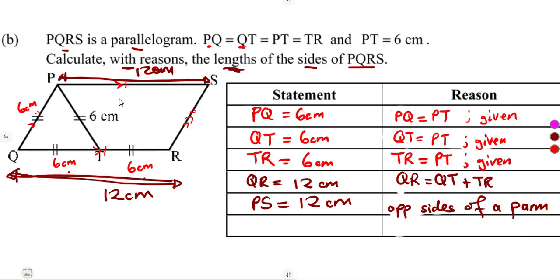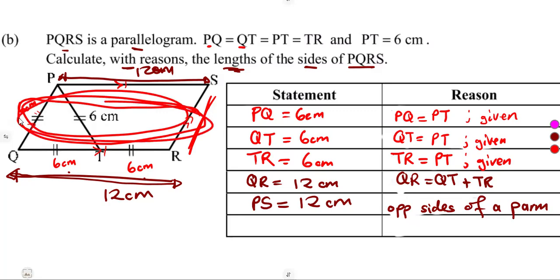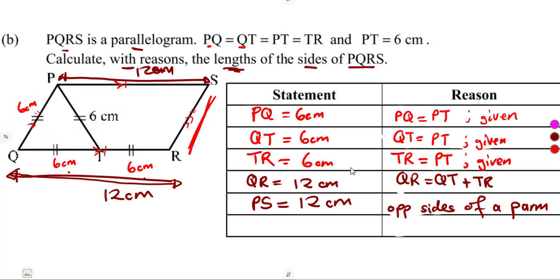PS. What is missing is RS. Opposite to what? To PQ. So we're back. Opposite sides are what? Are equal, remember. They are parallel and also equal. So by default, RS is equal to 6 centimeters.